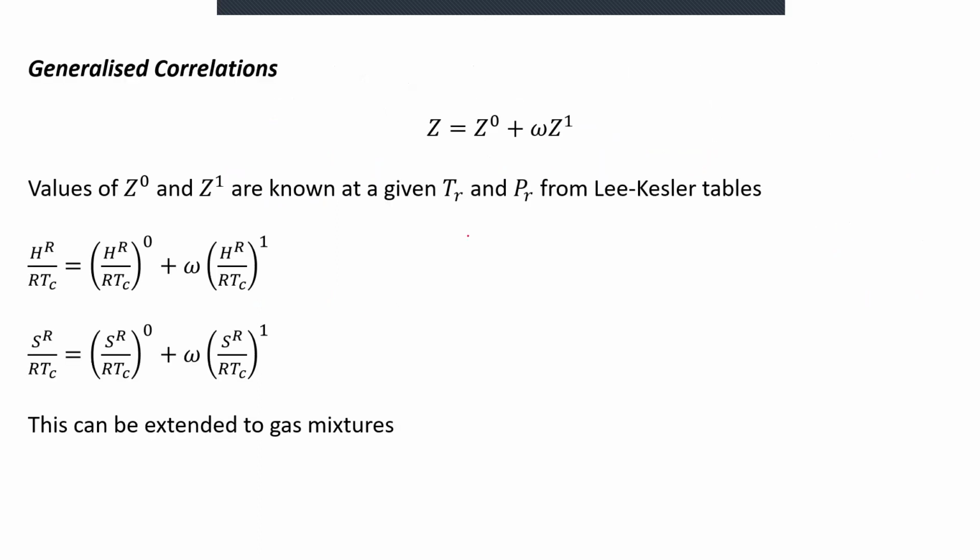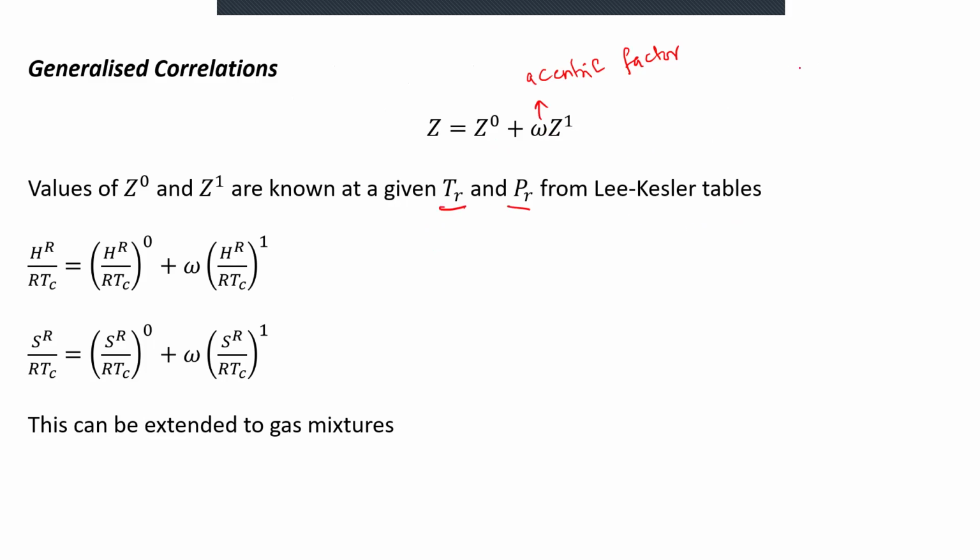So earlier I didn't explain about the generalized correlation. So all these things have been clearly explained by Kumar sir in video lectures. Here Z is expressed as Z0 plus omega into Z1. This omega is called the acentric factor. And the Z0 and Z1 are already known as functions of TR and PR from Lee Kessler tables.